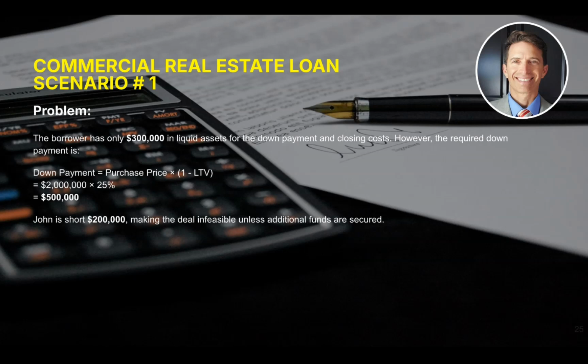The borrower only has $300,000 in liquid assets for the down payment and closing costs, but he needs to have a minimum down payment of, let's do the calculation, down payment equals purchase price times 1 minus the LTV. So in this case, we already know the LTV is 75%.